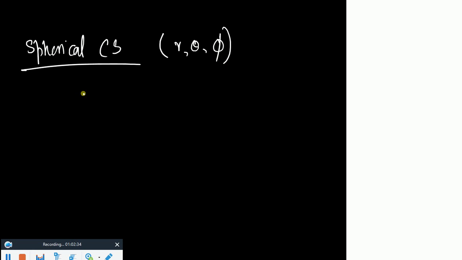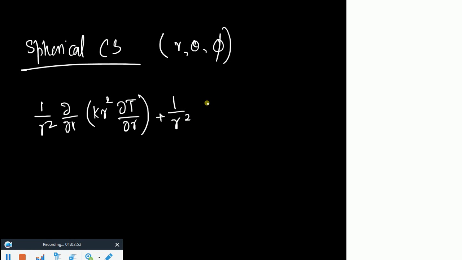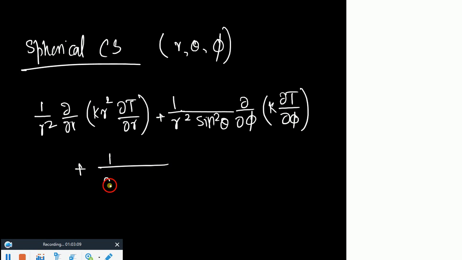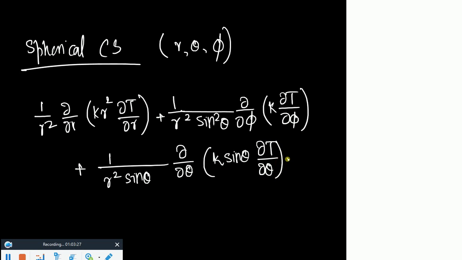You have two angles and one length, and this comes out to be 1 over r square partial by partial r, k r square partial T by partial r, plus 1 over r square sine square theta partial by partial phi, k partial T by partial phi, plus 1 over r square sine theta partial by partial theta, k sine theta partial T by partial theta, plus q dot g equals rho Cp partial T by partial t.